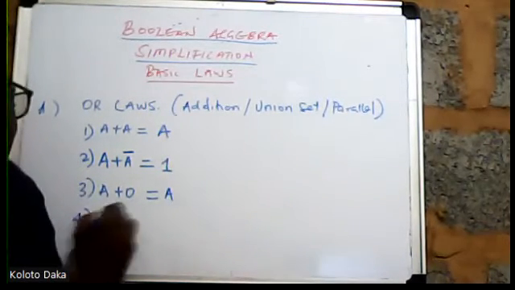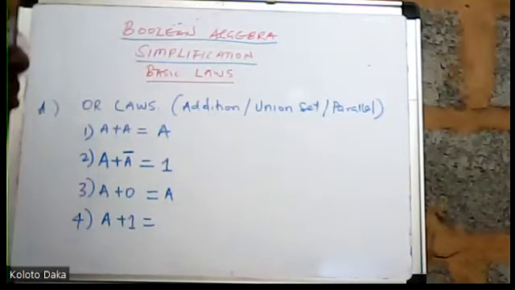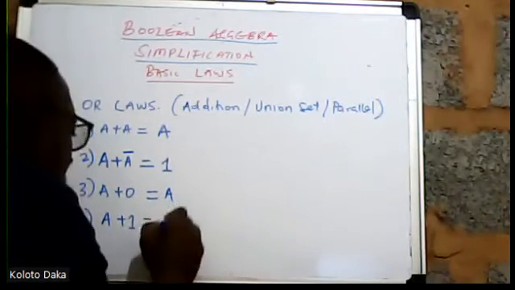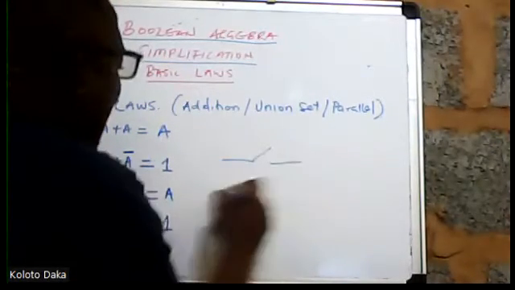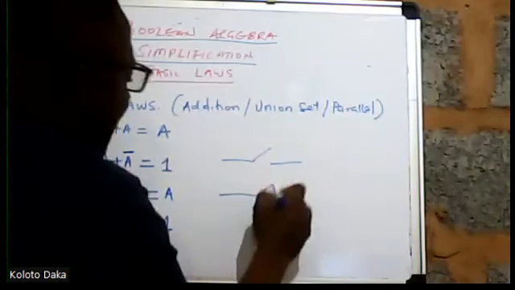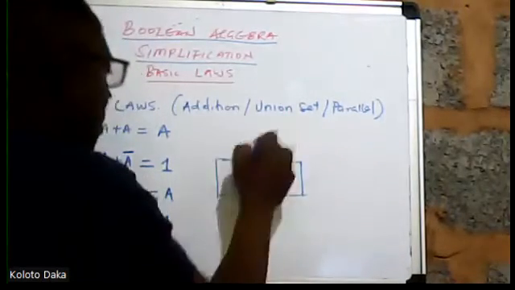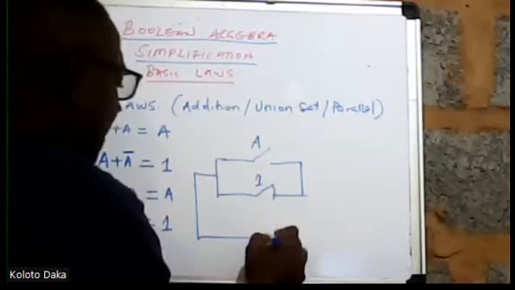What about A plus 1? It will always be equal to 1. Why? Because A plus 1 simply means that we have A there and we have a 1 there.